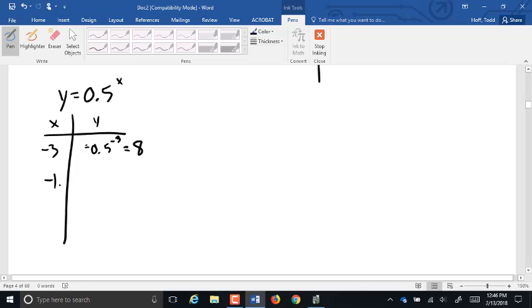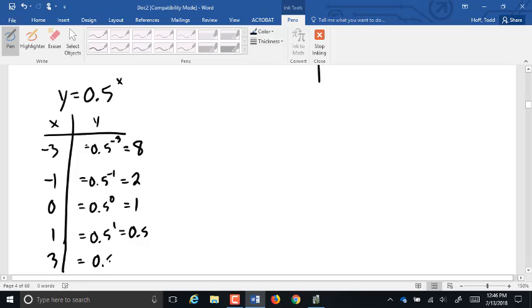Very good. If x is -1, y is 0.5 to the power of -1, which is 2. How about if x is 0? Yeah, anything to the power of 0 is 1. If x is a positive 1, 0.5 to the power of 1 is 0.5 or 1/2. How about if x is positive 3, 0.5 to the power of 3 is 0.125.